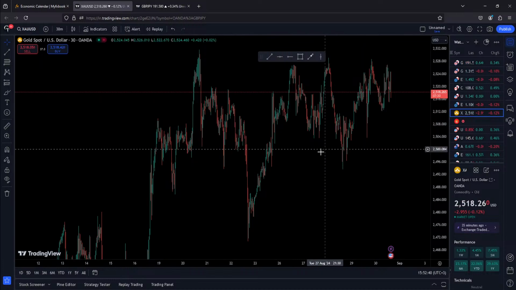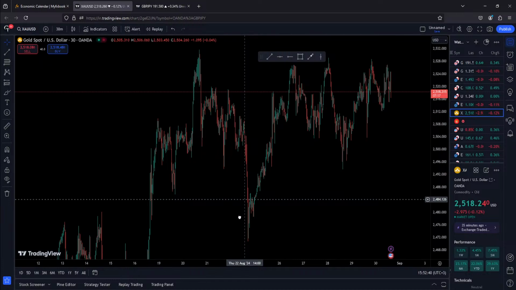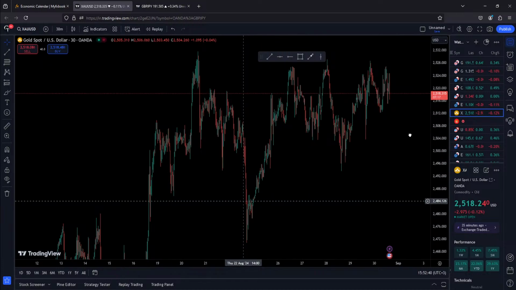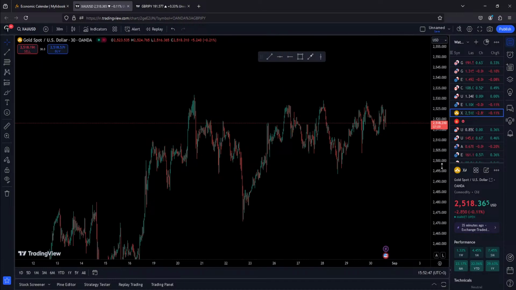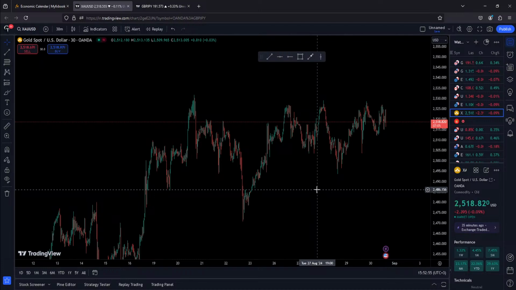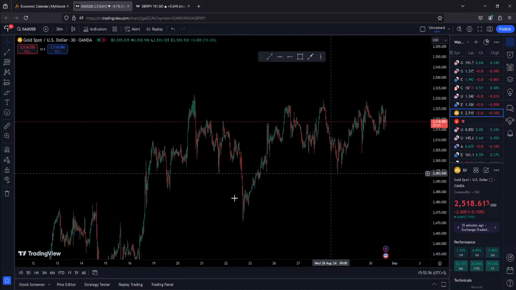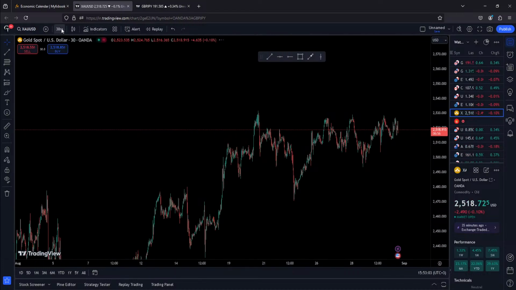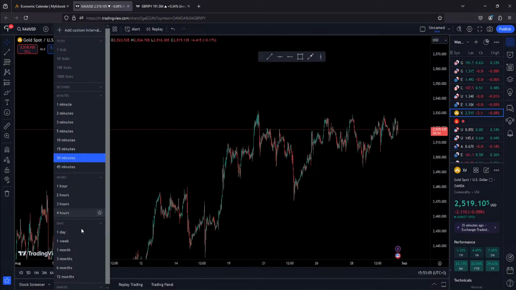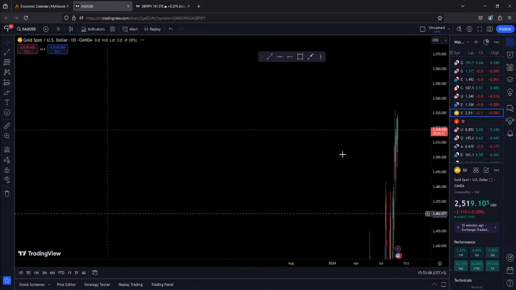So let me just have a quick overview of gold and mark some of the trend lines over here so that we can get a clear picture where the gold's gonna move and how it's gonna move basically. Okay, so I'm gonna start with the daily time frame first.